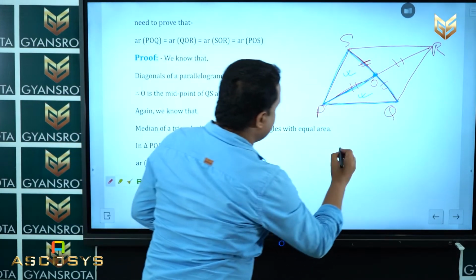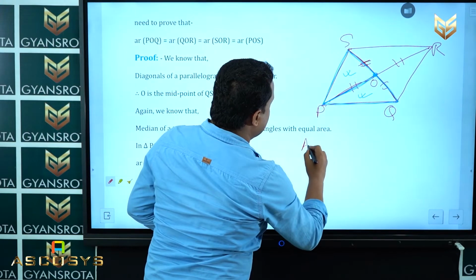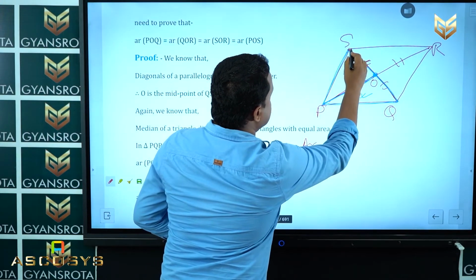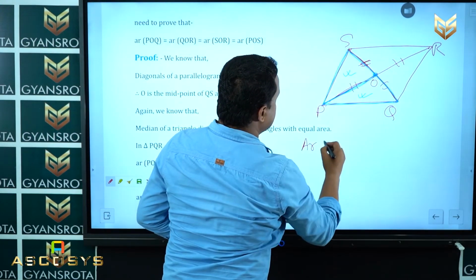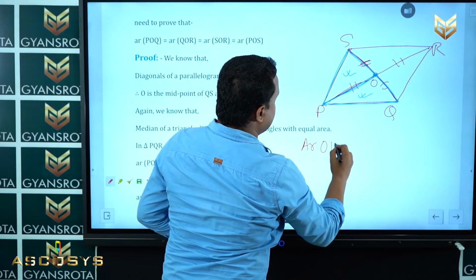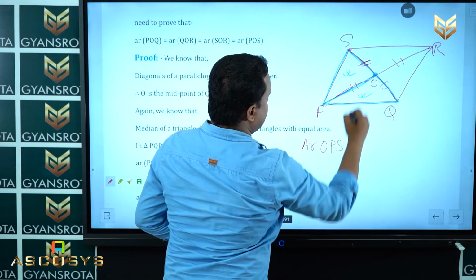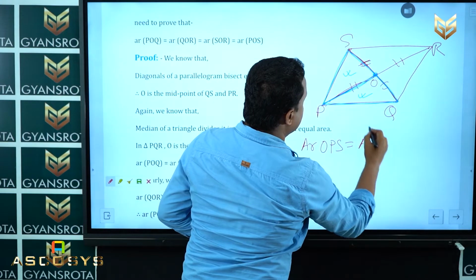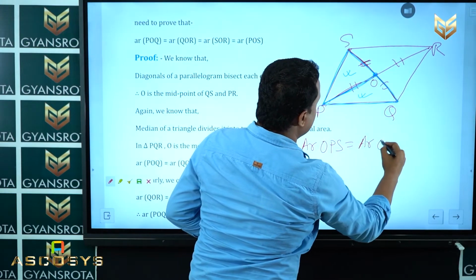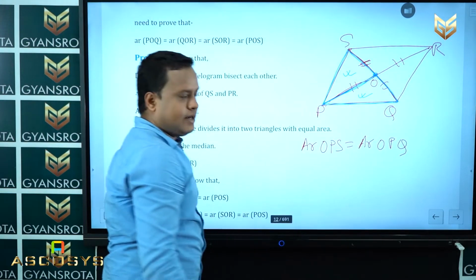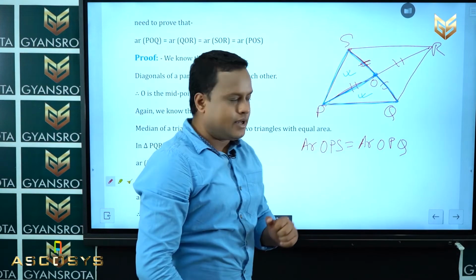So we can write area of OPS is equal to area of OPQ. So the areas of these two triangles are equal.